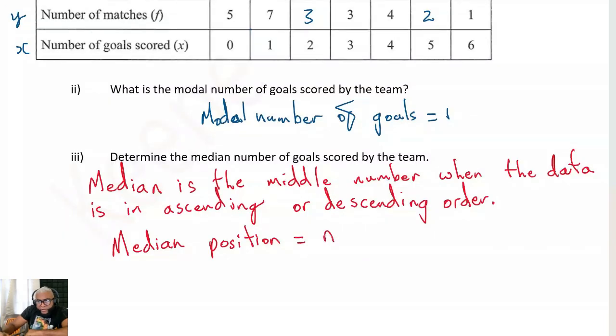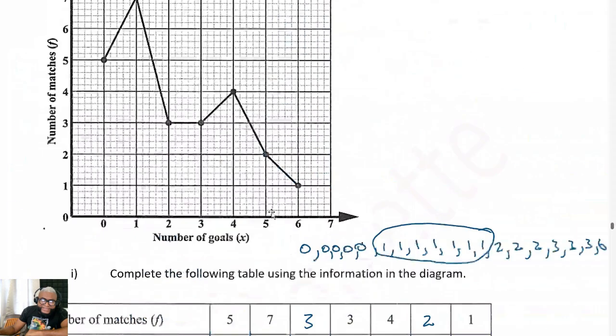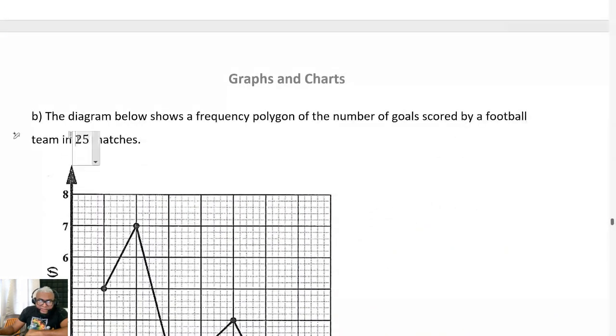That formula is (n plus 1) divided by 2, where n is the total data. My total data would be 25 matches.